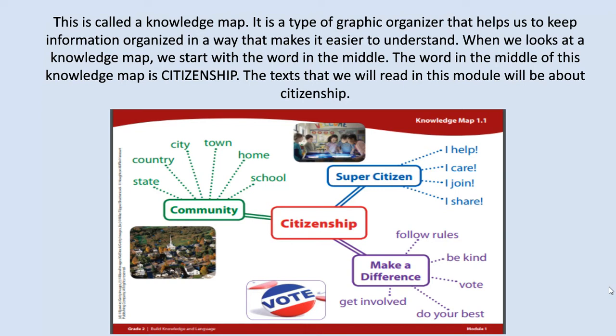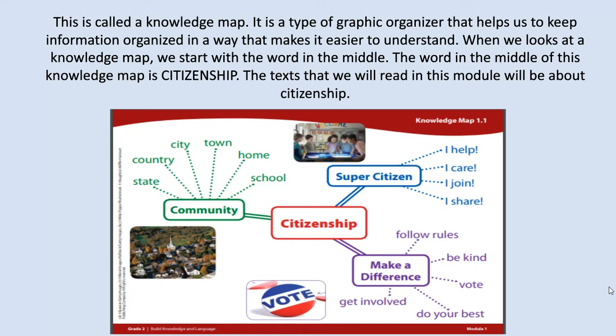A knowledge map is a graphic organizer. Graphic means something we can look at. Organizer means something that helps us to organize information. So it's a type of chart that helps us to make information easier to understand.